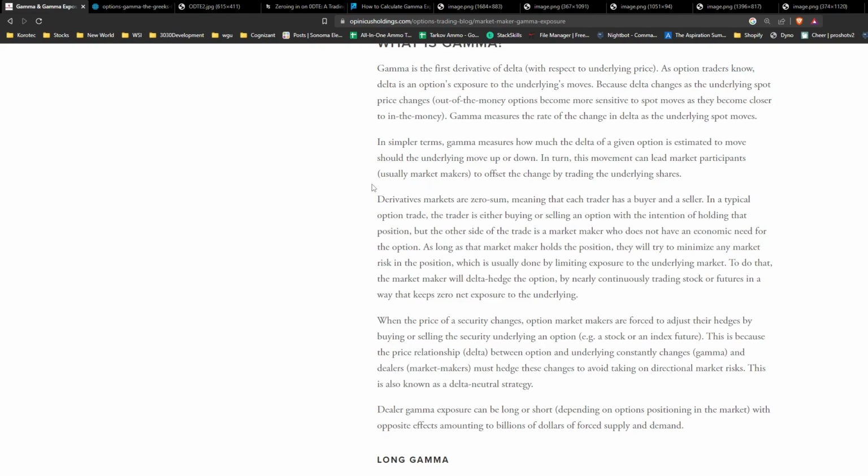Some of these concepts have to be talked about all together, just because this is all going to be in respect to the options market. But all we need to know for what we're doing today is that at the money is what we're talking about, and gamma is a rate of change in the delta. Okay?